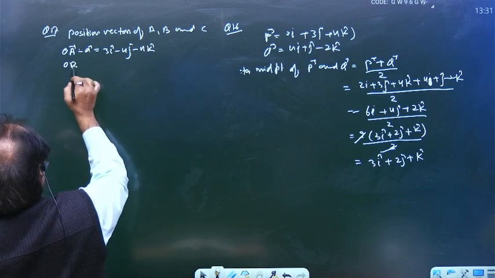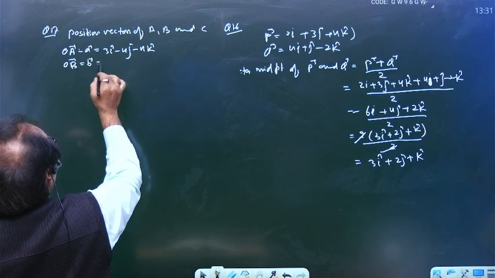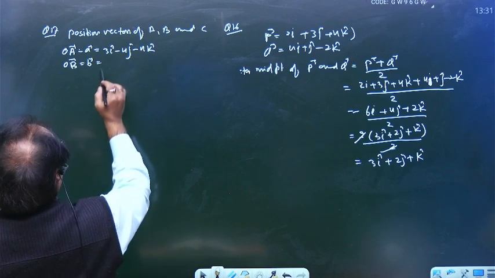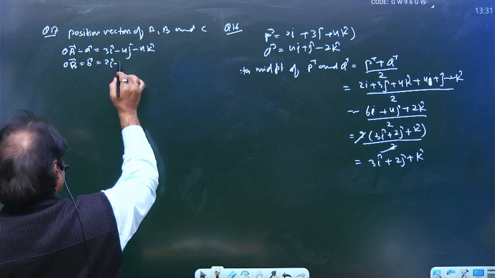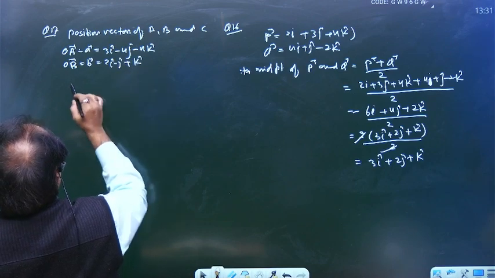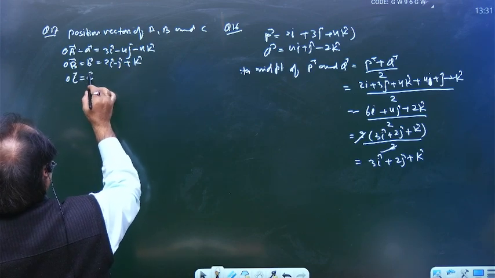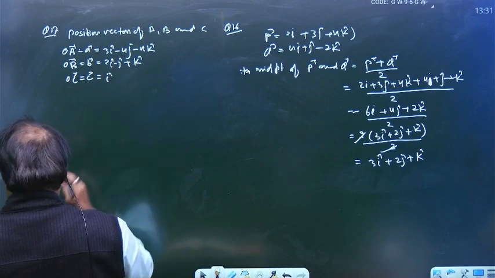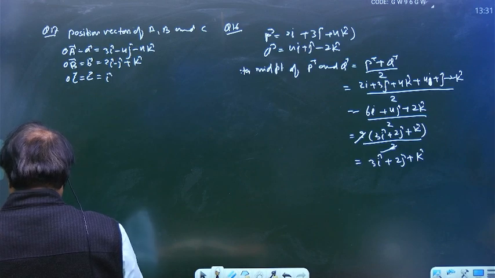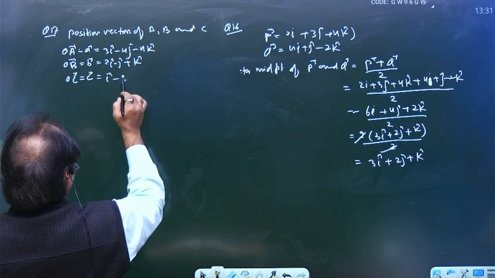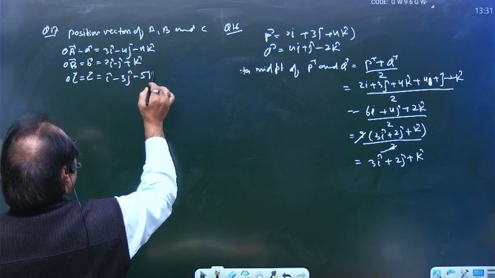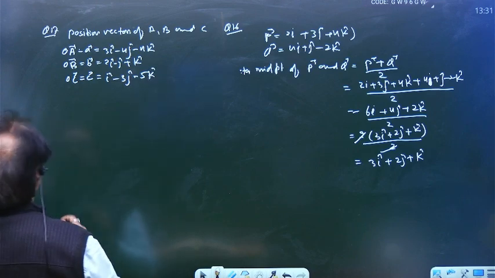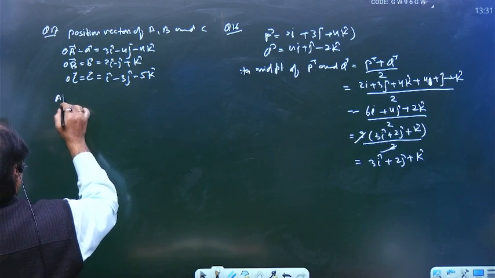Position vector of B is 2i cap minus j cap plus k cap, and position vector of C is i cap minus 3j cap minus 5k cap. First of all, find the vector AB.